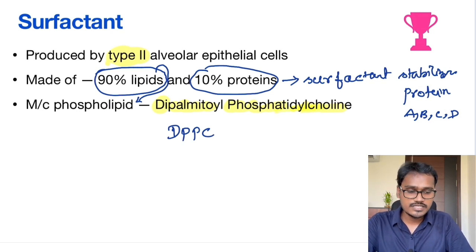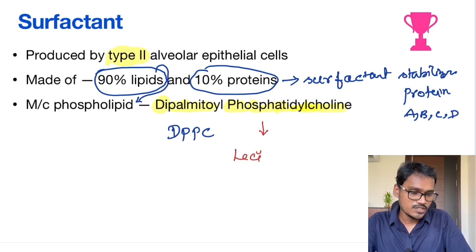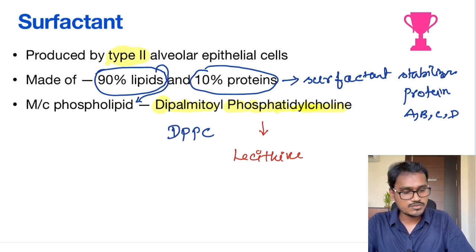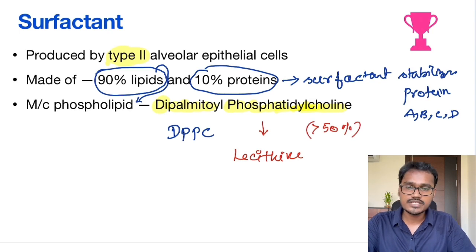Sometimes the option given is different, but it is the other name for DPPC. What is DPPC's other name? It is nothing but lecithin. So whether the option is given as DPPC or lecithin, both are the same, and it is the most common phospholipid. It constitutes more than 50% of this 90% lipid of the surfactant. So this MCQ is very important. Dipalmitoyl phosphatidylcholine or lecithin, both are the same.